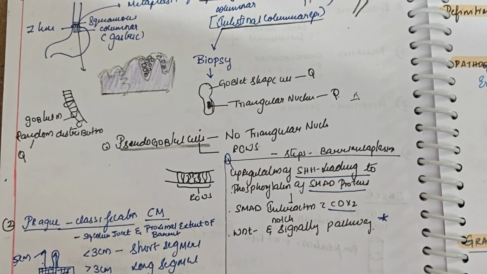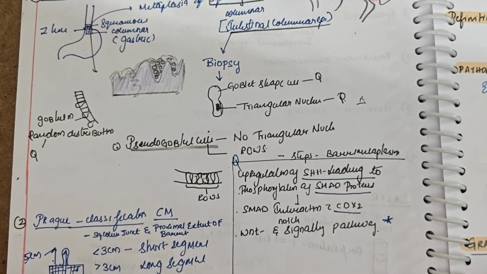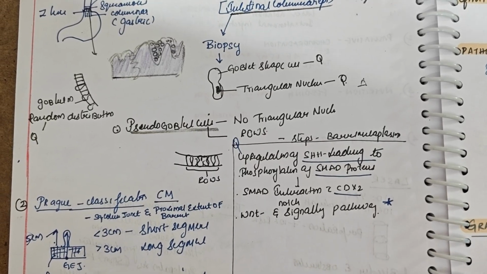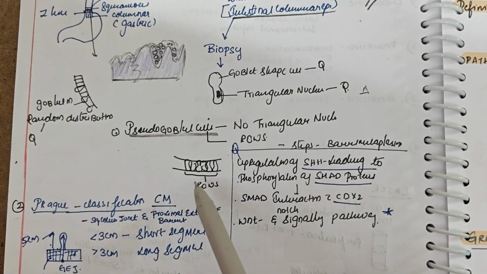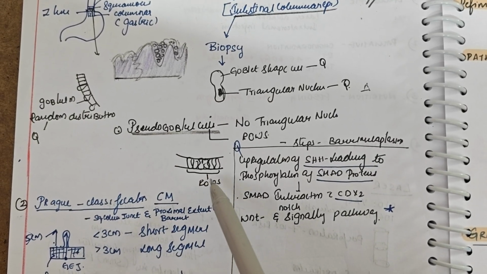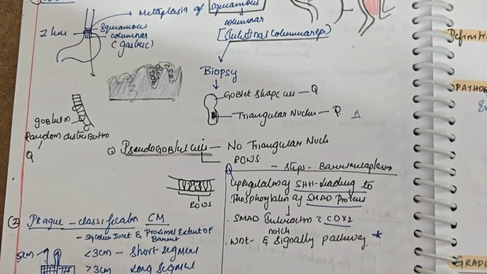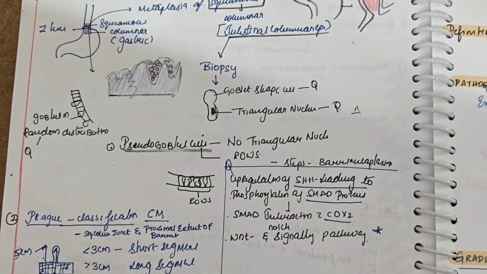In goblet cells the nucleus is triangular, whereas in pseudo goblet cells there is no triangular nucleus, and the arrangement of the cells is in rows.